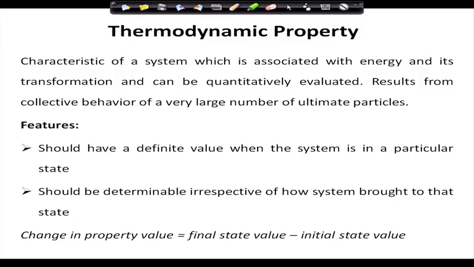I would be referring to the smallest portion of my system as ultimate particles, which is the smallest subdivision of my system which retains the characteristics of the system. So, the properties which are manifested by this system are actually the result of a collective behavior of a very large number of ultimate particles.